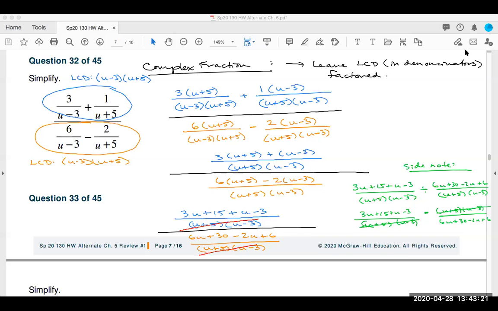Okay. So then what we're left with is 3u plus 15 plus u minus 3 divided by 6u plus 30 minus 2u plus 6. All right, let me save that, and then I'm going to delete this stuff on top so that I have some more room.